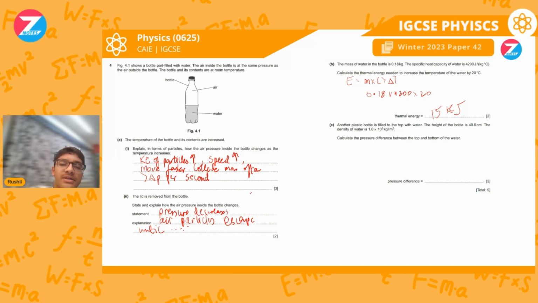So you know that pressure in liquids is h rho g, which is depth into density into acceleration due to gravity. Now, density of the water is the same, acceleration due to gravity is the same. What changes? The depth.